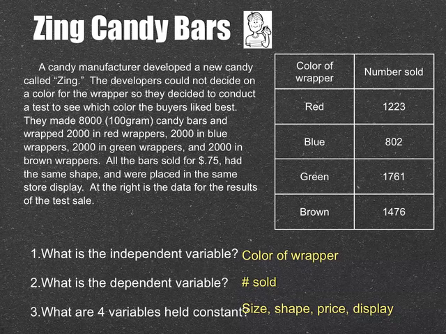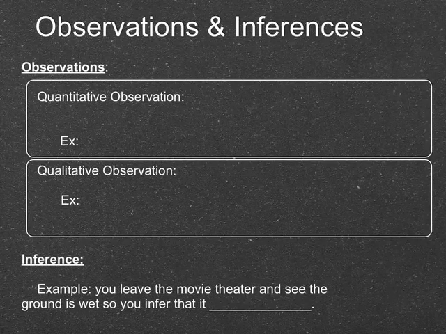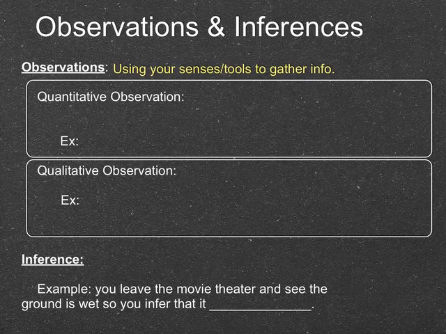So let's talk a little bit more about observations and inferences. Now we already defined these words last week, but let's just review again. Observations are information that you gather using your senses or using tools.